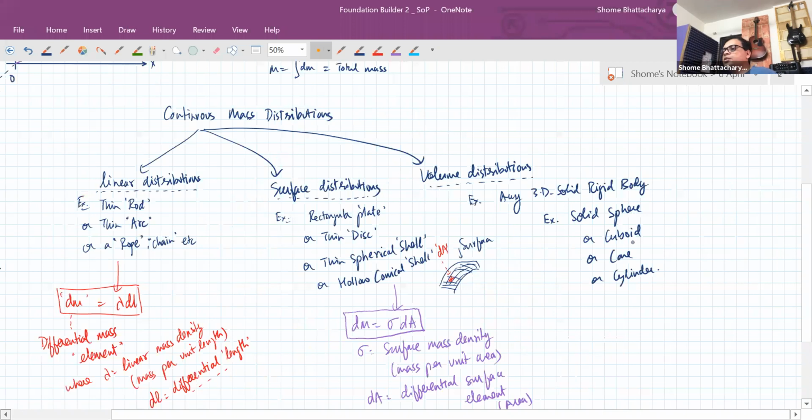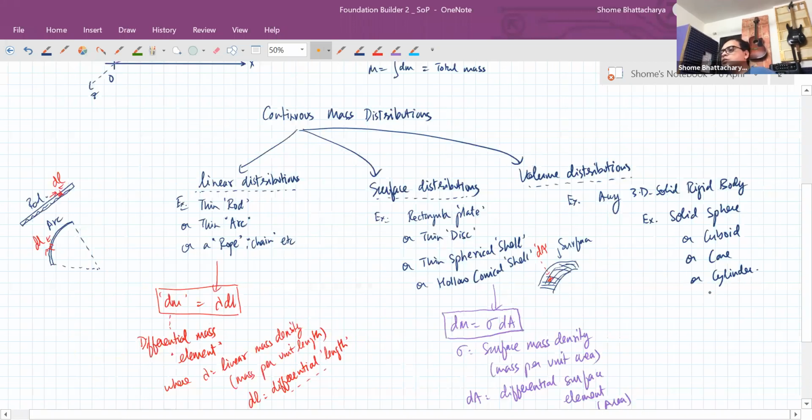Okay. And like that, if we talk about volume distribution now, for volume distribution, dm directly becomes density into a very small volume. So rho is, properly we say, volume density, or mass per unit volume. So it is the common meaning of the term density, mass per unit volume.